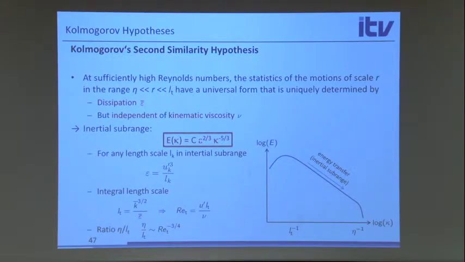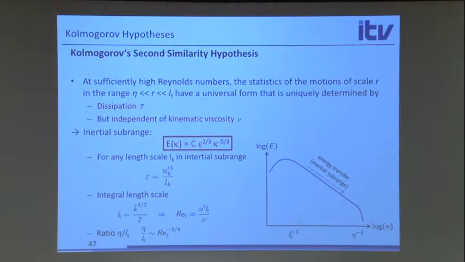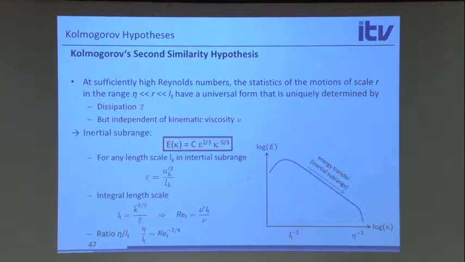And then, if the energy E is only a function of epsilon and the wave number, by dimensional arguments, I find that in this regime, E has to be epsilon to the 2/3 times the wave number to the -5/3.